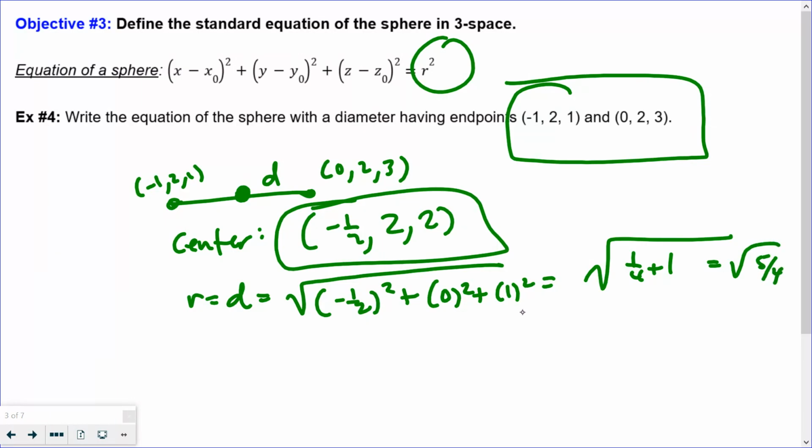Okay, we're rolling. And then it said to write the equation. The equation's up there for me. I needed to know the center because x naught, y naught, z naught is the center, just like when we did circles.